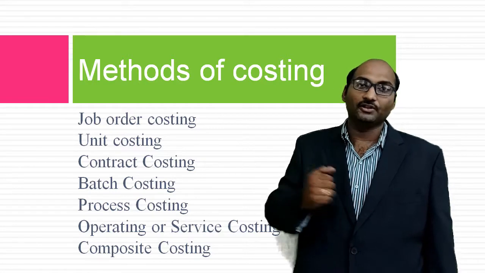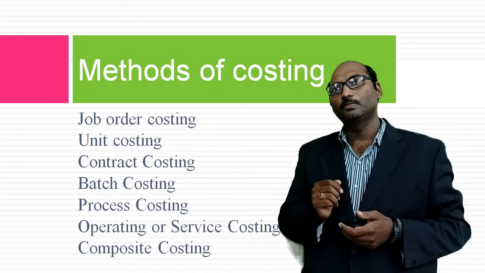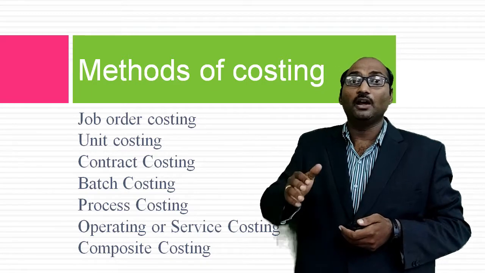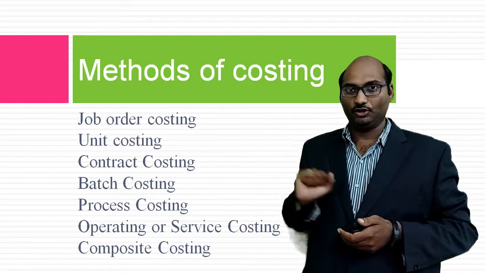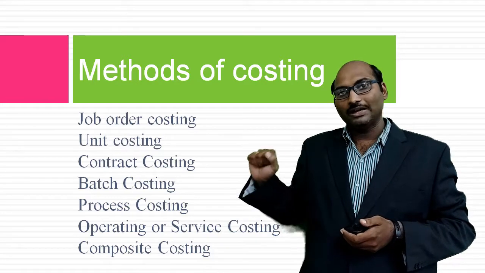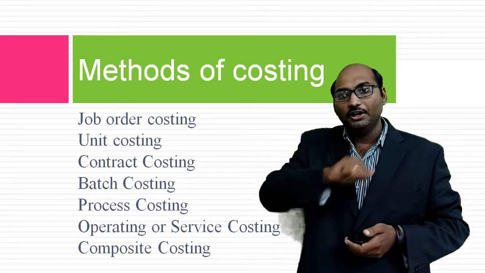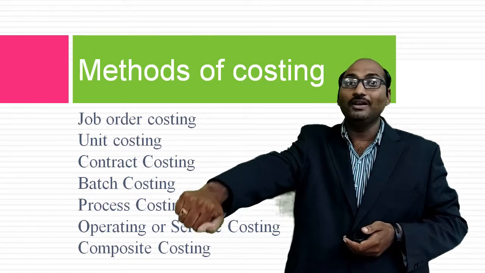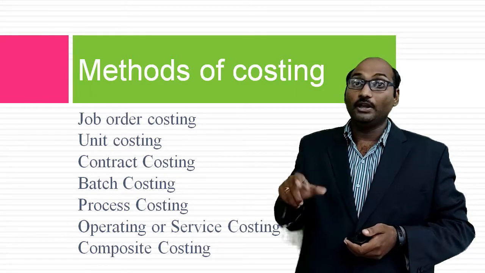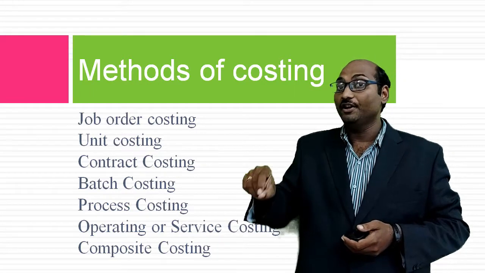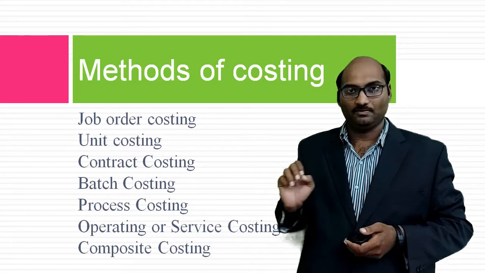Similarly, maybe a knitting industry if you consider. How will the knitting industries function? In Tirupur and other places, many people will have only the knitting machines. Whoever the garment manufacturers are, they'll buy the yarn and give it to these people, who will convert the yarn into the knitted fabric, and they'll charge on the basis of per kg.